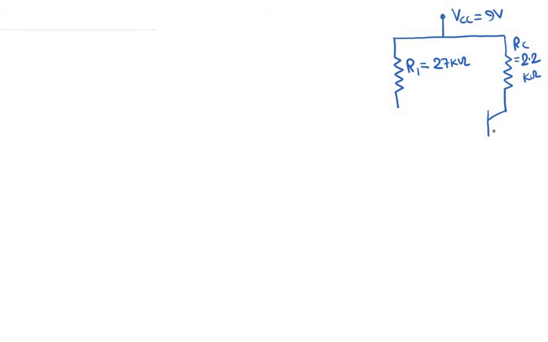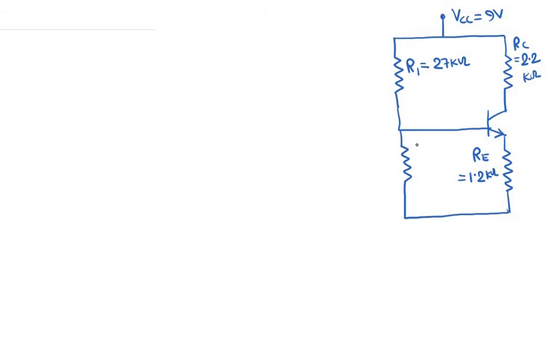Then we have this transistor. Then we have this emitter resistance RE, which is equal to 1.2 kilo ohms. We have this resistance R2 here, which is equal to 15 kilo ohms, and then we have the ground.